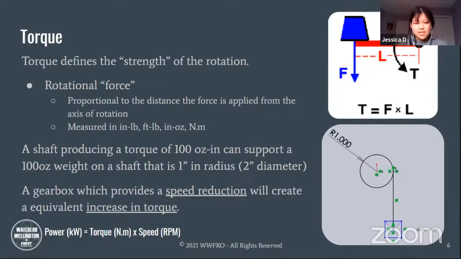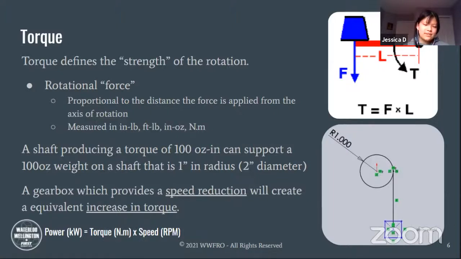If you want to know the reason for that, you can look at the equation. Power equals torque times speed, or rotations per minute. And bear in mind that power is energy divided by time. Energy has to be conserved, therefore power also has to be conserved. So your input power has to equal your output power.